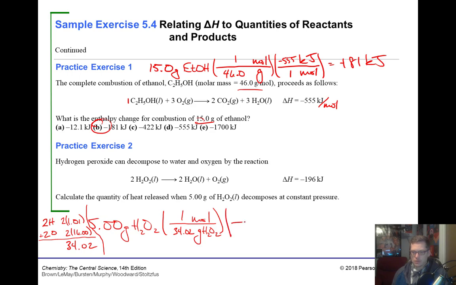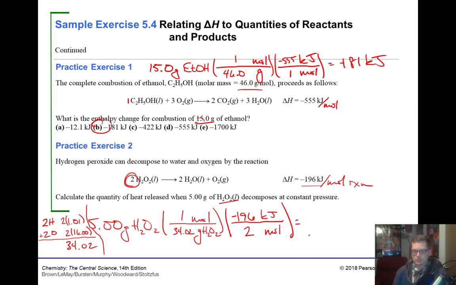Now we're going to use our enthalpy change right here. Remember, this is in kilojoules per mole of the reaction. So we're going to put moles of our hydrogen peroxide in the bottom and kilojoules in the top. The number for the kilojoules is just going to stay the same, negative 196. But because we're reacting hydrogen peroxide, we use hydrogen peroxide's coefficient, which is that 2. So we'll throw that 2 in there.